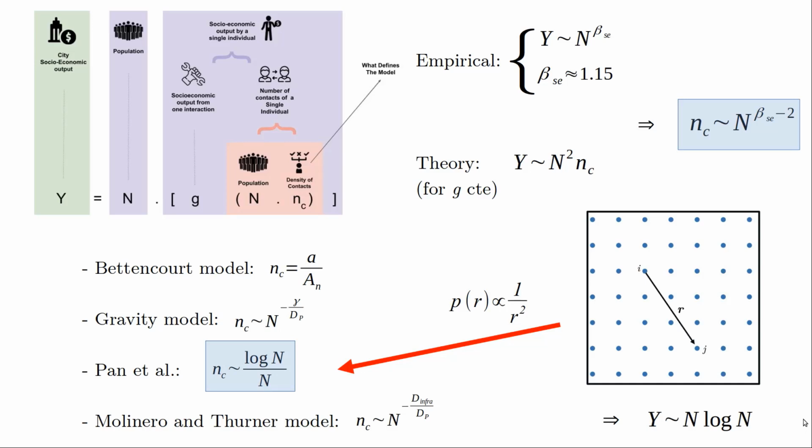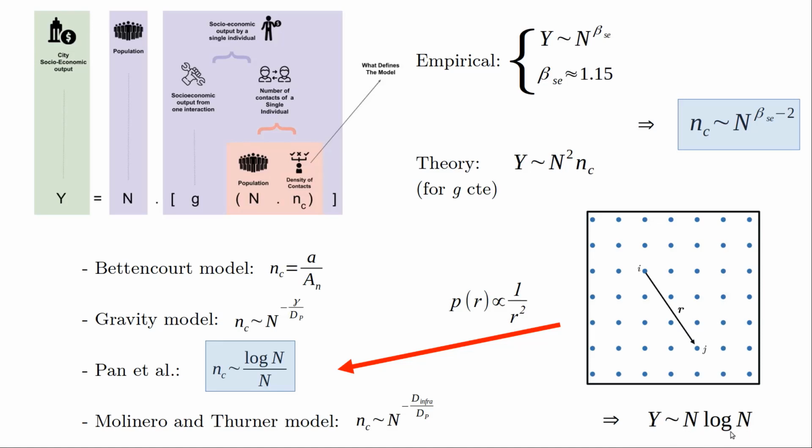And what is interesting about this model is that you consider a homogeneous distribution of the population, and the interaction happens with gamma equal to 2. That is precisely the Newtonian kind of gravity model. And what emerged from this calculus is not a power law relating socioeconomic output and population size, but instead what comes out is an N multiplied by log N kind of equation, right?